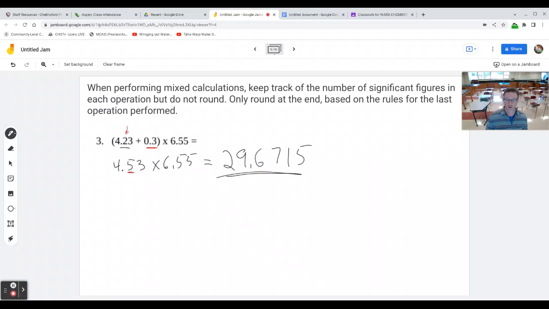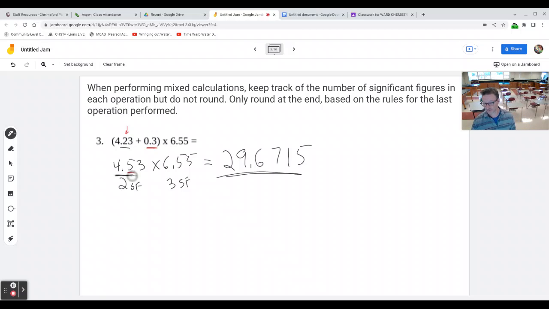Now, according to my original calculation, this number should only have 2 significant figures. This number had 3 significant figures. According to the rules for multiplying, which is the thing I did last, I can't have more significant figures than the fewer significant figures in my calculation.